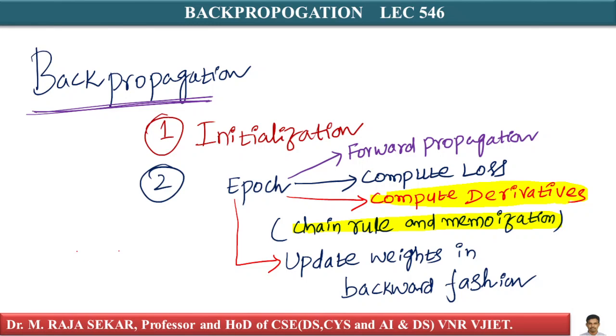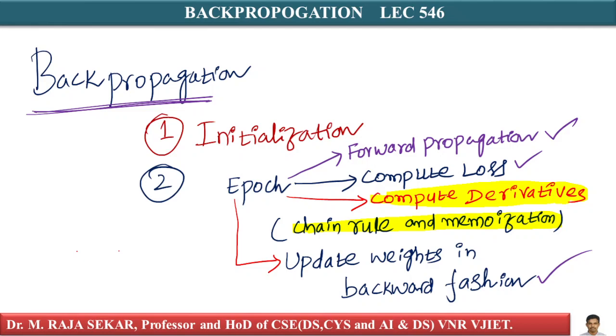Forward propagation, computing loss and updating weights are all standard stuff. The most important point here is chain rule and memoization.